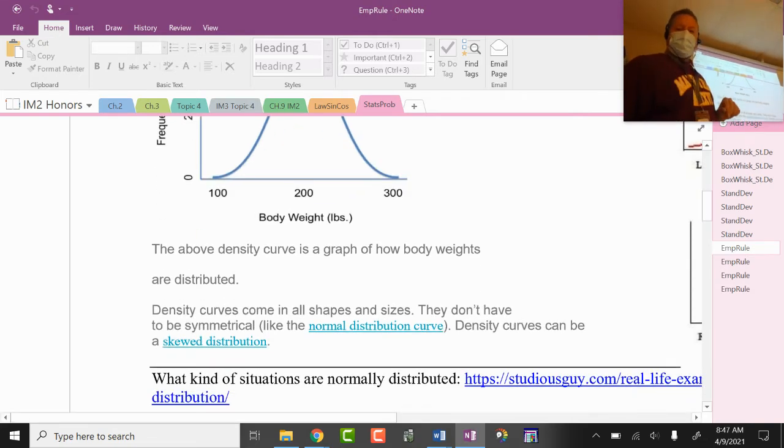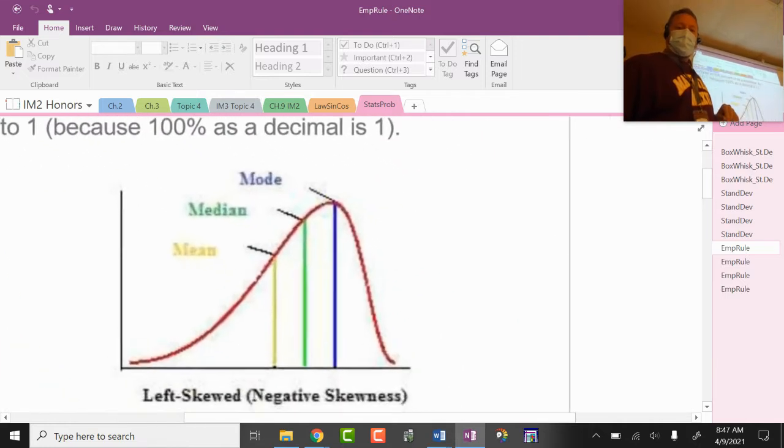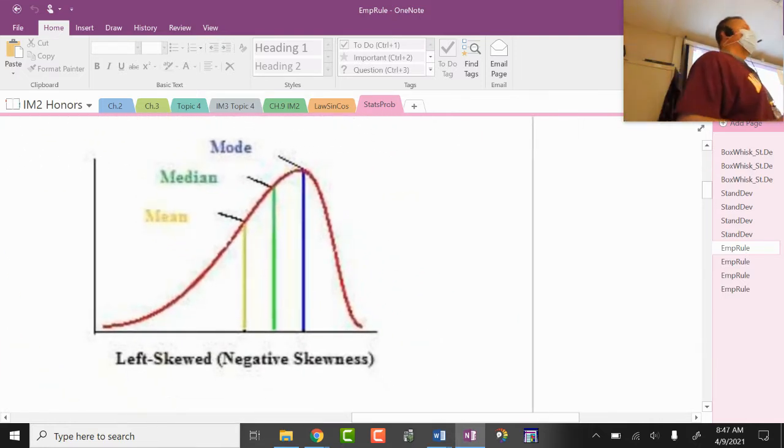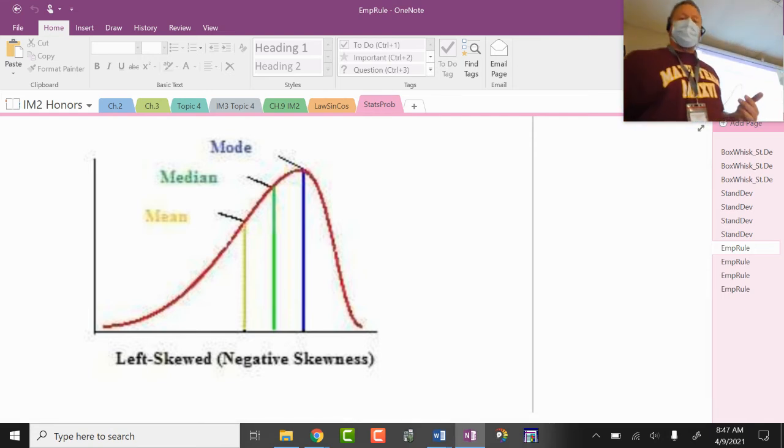I'll wait till that goes here. I want you to mark this up too, because this may very well be a test question: the idea of skewed left and right. And this is one of the greatest images pulled from this website I've ever seen for skewed left and right. This is not a normal curve. This one is skewed.